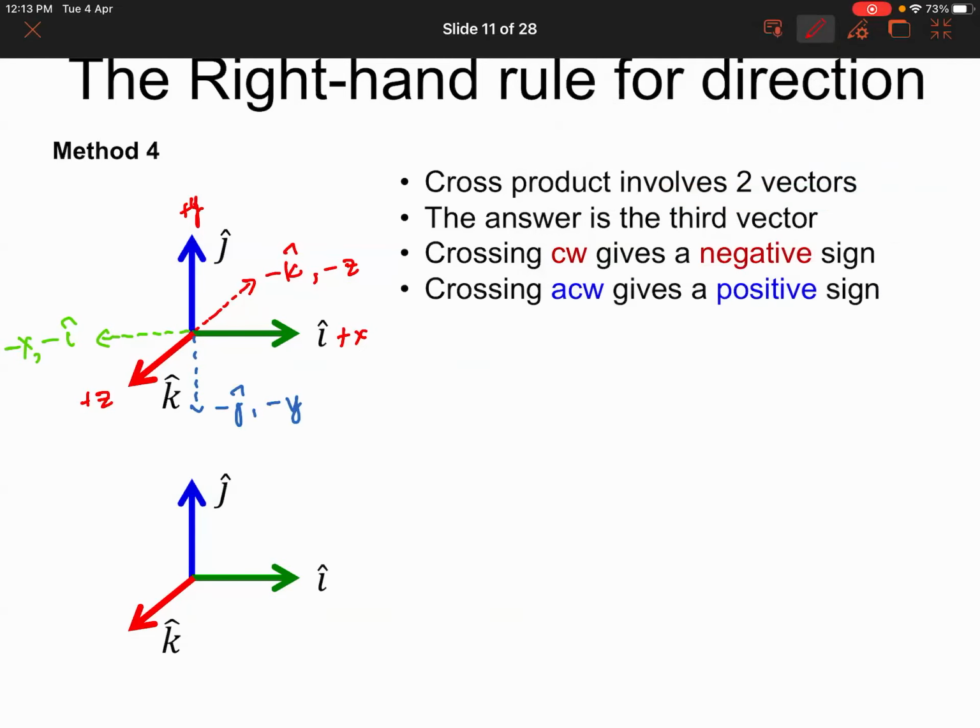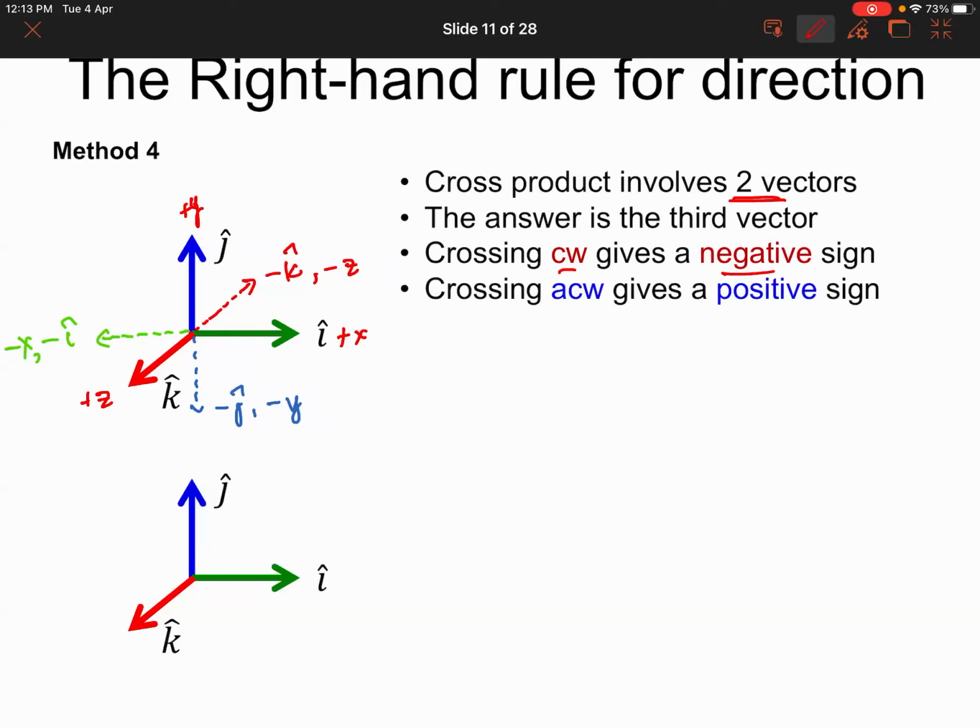When you're crossing two vectors, the cross product involves two vectors all the time. It's always involving two vectors at a time. The answer will be the third vector that's not involved in the cross product. And if you're doing the cross product in the clockwise direction, then the resulting cross product will have a negative sign.